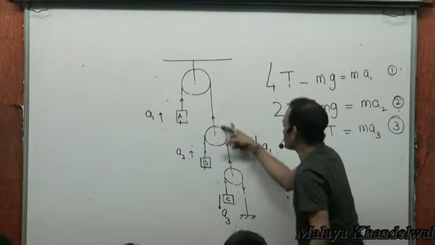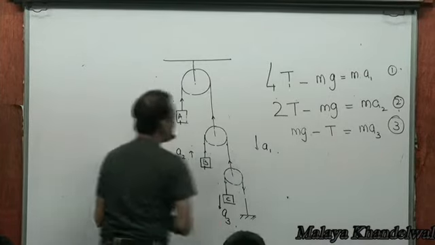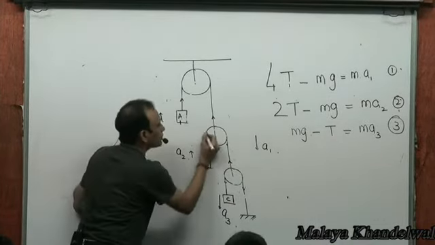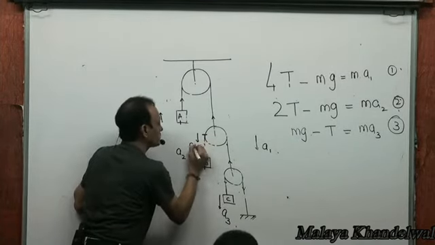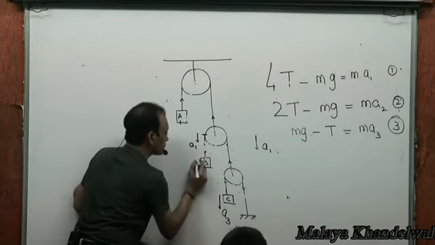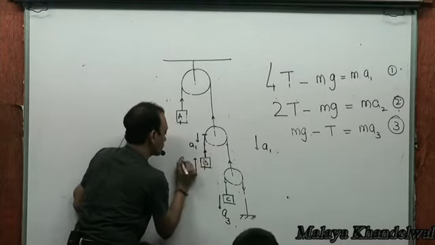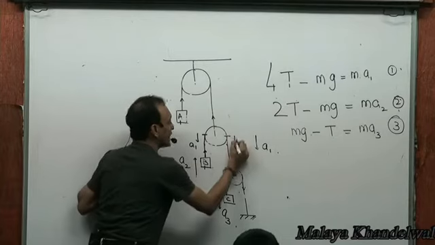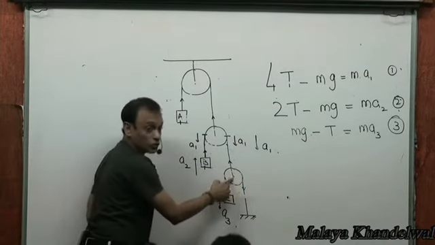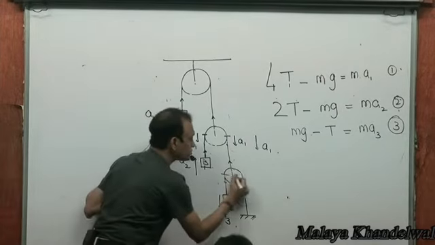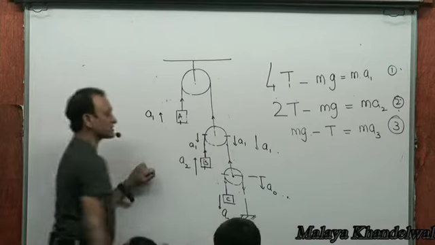Now this string. This has an acceleration A1 downwards, this has an acceleration A1 downwards. Now this I do not know. Suppose this pulley has an acceleration A0 downwards.